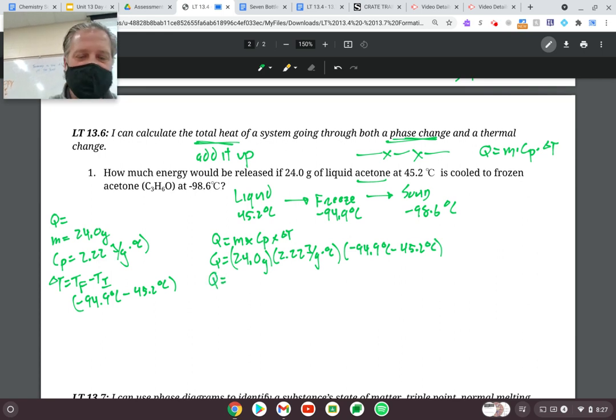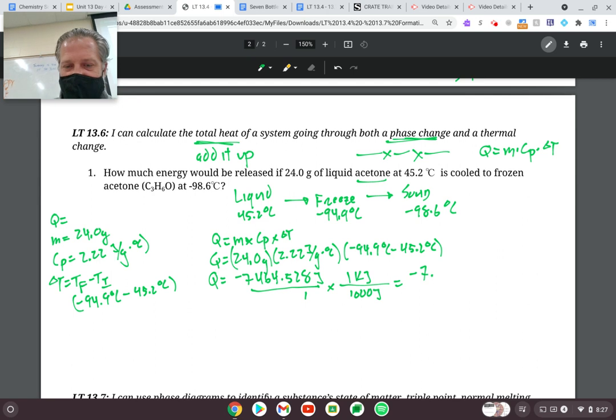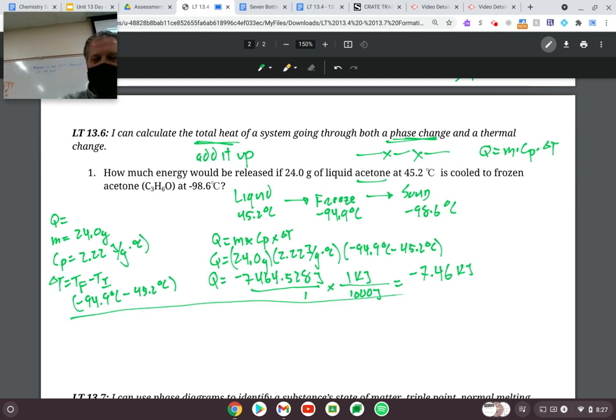And when I plug that into my calculator, I get a value of negative 7,464.528 joules, which I'm going to convert right away to kilojoules. So we know that 1 kilojoule is equal to 1,000 joules. So that's negative 7.4, let's say 6, because of the 3 sig figs, kilojoules. So that's going to be my first calculation here.